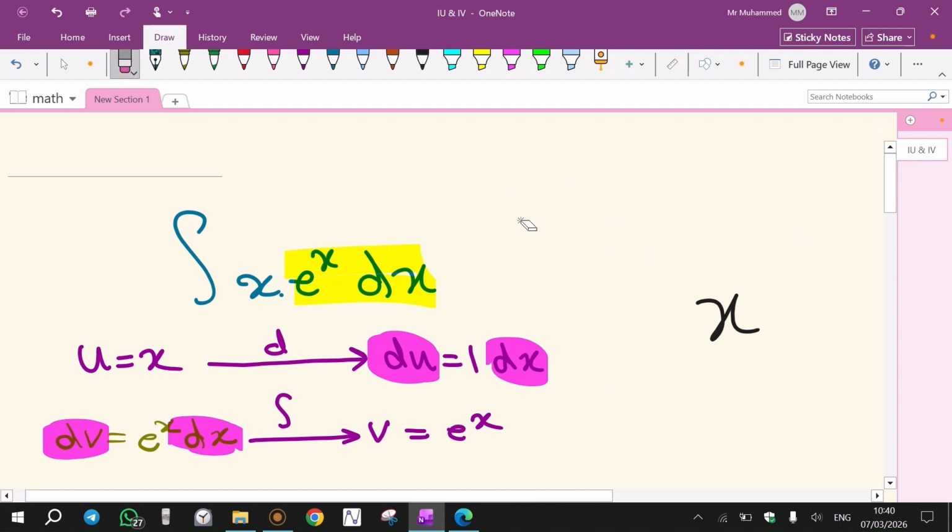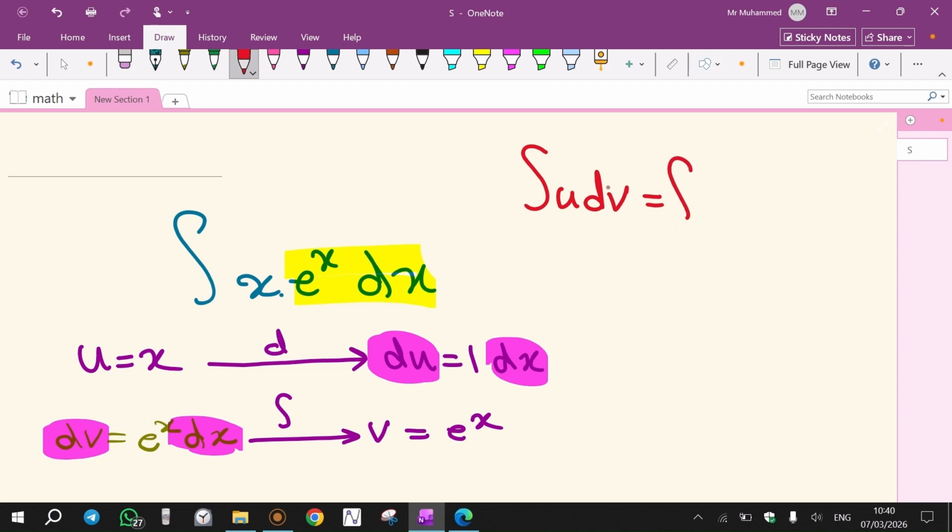Now it's only about organizing them. Following the rule says integral u dv equal to uv, no integral, minus integral v du. All right. uv in these four components, this is u, this is v, multiply them.